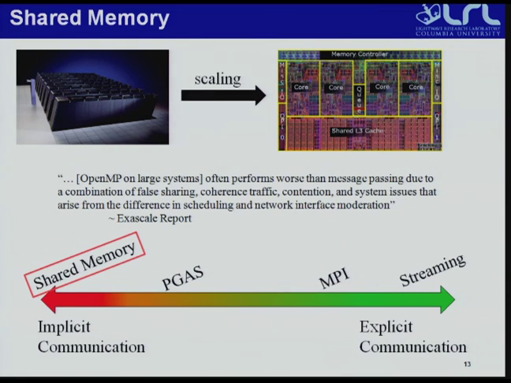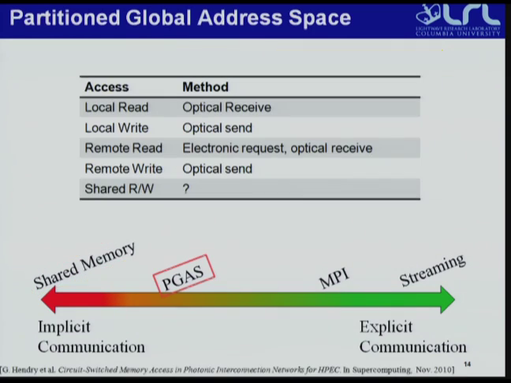The programmer doesn't know about communication between L1, L2, and memory. He just knows that he wants a memory address, and then it shows up. And so the exascale report has a little sentence that says pure shared memory does sort of poorly when you scale it up. And this should be fairly obvious. Maybe someone would argue with me, but I don't think so.